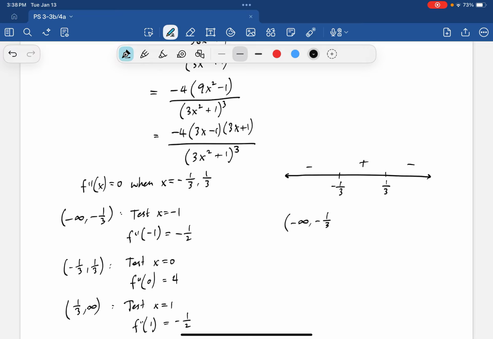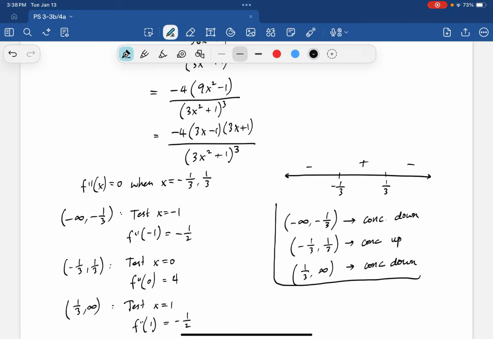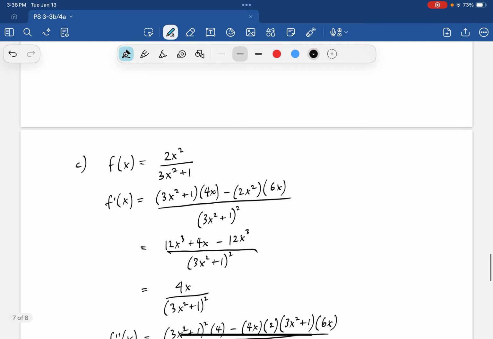So after a lot of work, we find that this is concave down. This one is concave up. This one is concave down. That was pretty long.